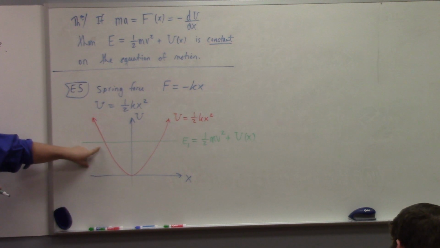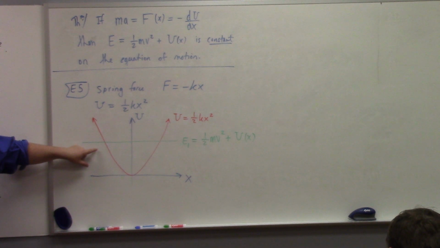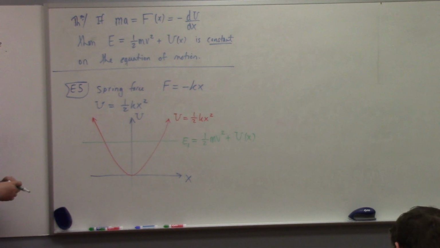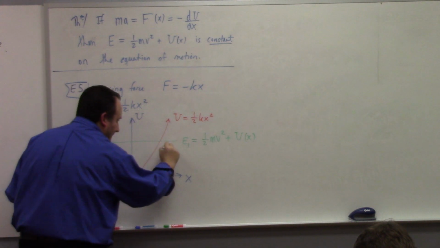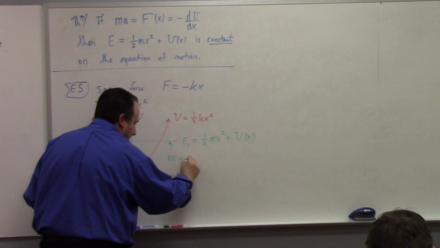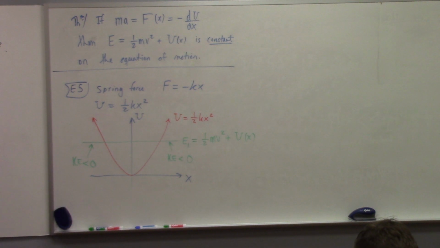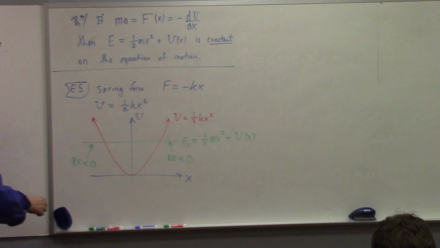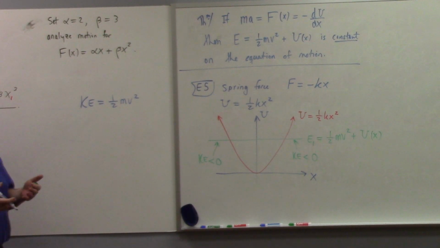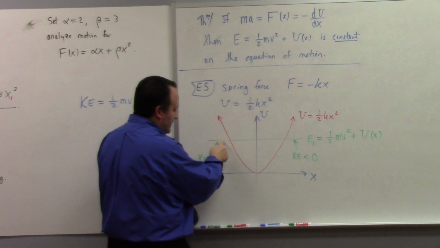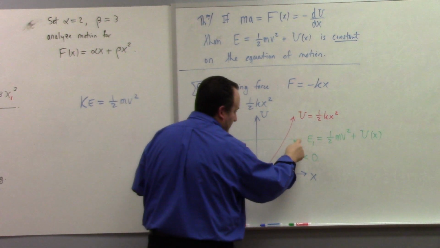So in the regions where the green line is below the red line, that means the kinetic energy is negative. Is that possible? Can kinetic energy be negative? What's kinetic energy equal to? Remember? Kinetic energy, 1/2 mv squared. It can't be negative. So therefore, classically speaking, this motion over here is forbidden.